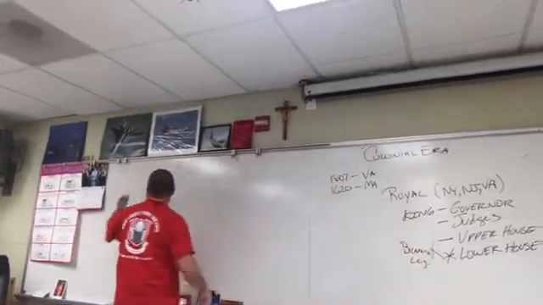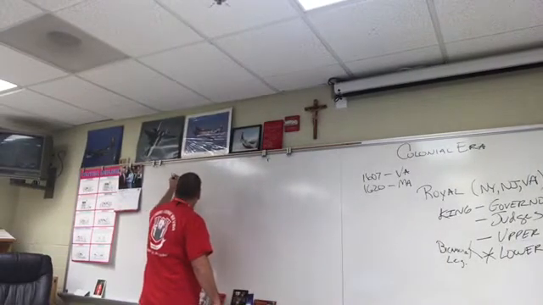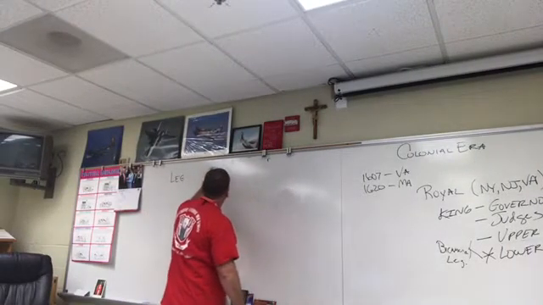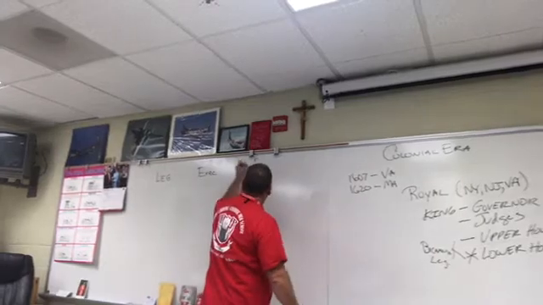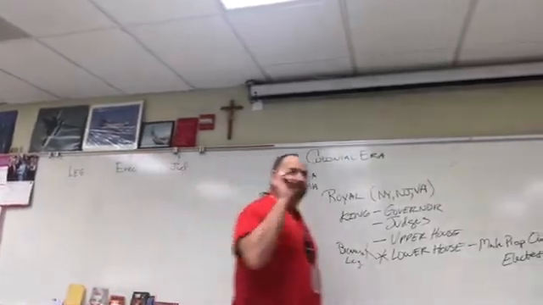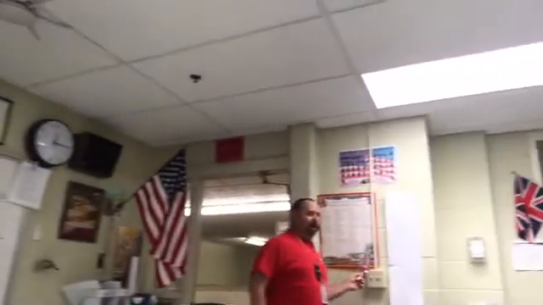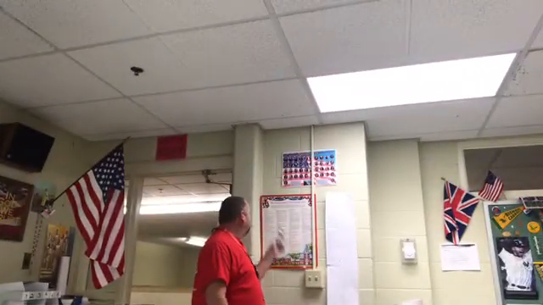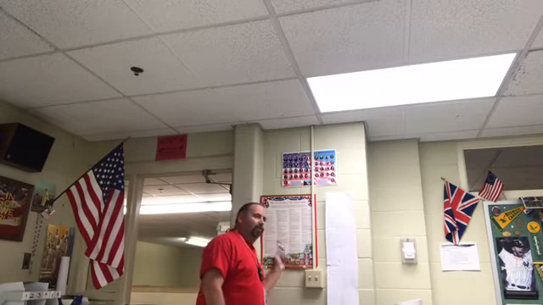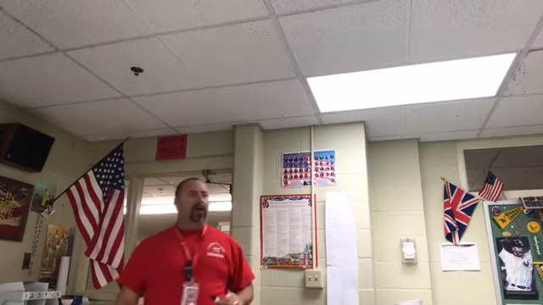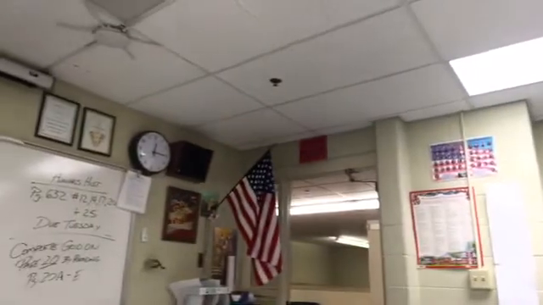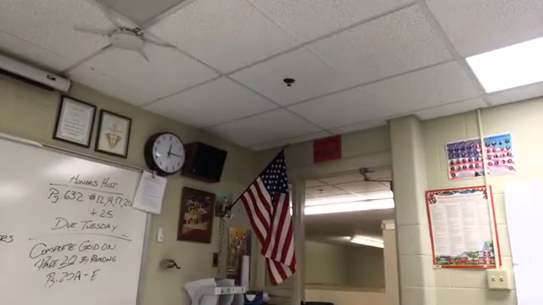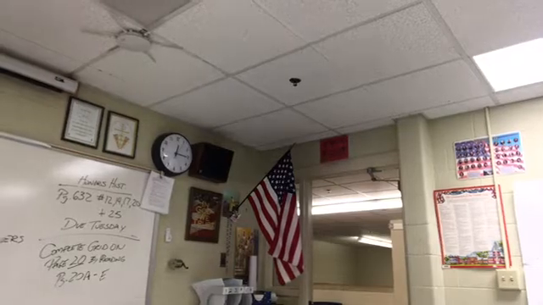Now, we have 3 branches of government: legislative, executive, and judicial. The Constitution of the United States has 7 articles. The first 3 are the legislative branch, the executive branch, and the judicial branch. There's another term that's interchangeable with legislature.